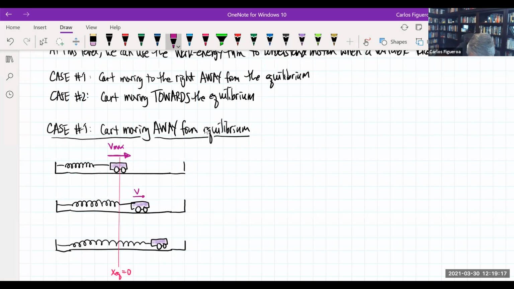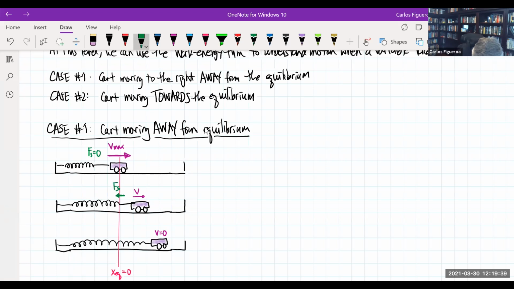And when it gets to its stopping point, the speed is zero. Now, how can I say that? Well, look at the spring force. Here, there's no negative spring that's working on the cart. But now, what's happening?